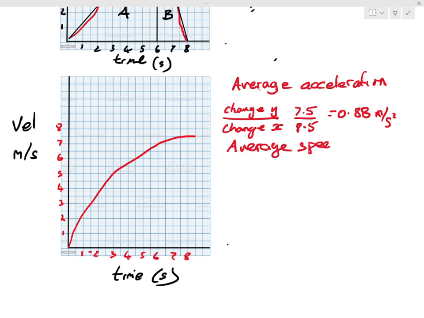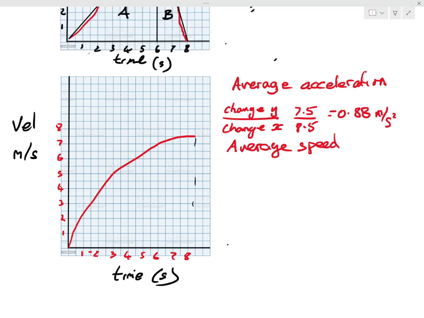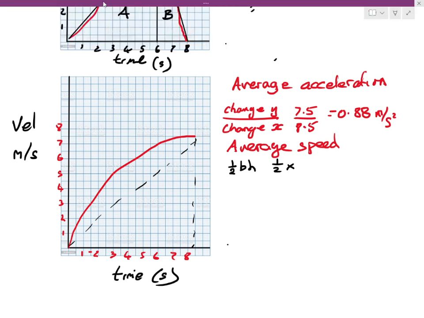Yeah, so you can do that, and you can work out the average speed by making a triangle there, something like that. And so that will be half base times height because we need the area, so this will be equal to half times the base, 8.5, times the height, 7.5.